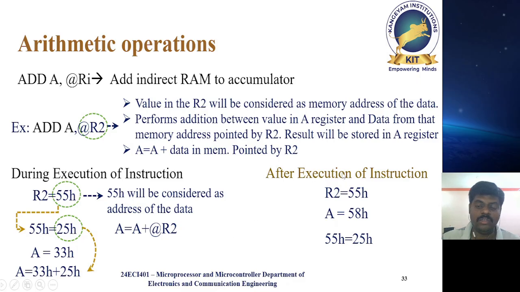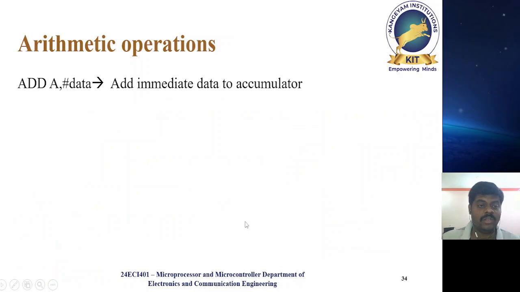After executing the instruction, the R2 value will not change and the 55 memory location value will not change. The result in the A register will change. Okay, 58, because this is the result of these two values' addition. The A value is 33 and 55's value is 25. Those two values are added and the result is stored here. So this is what happens with these two instructions.